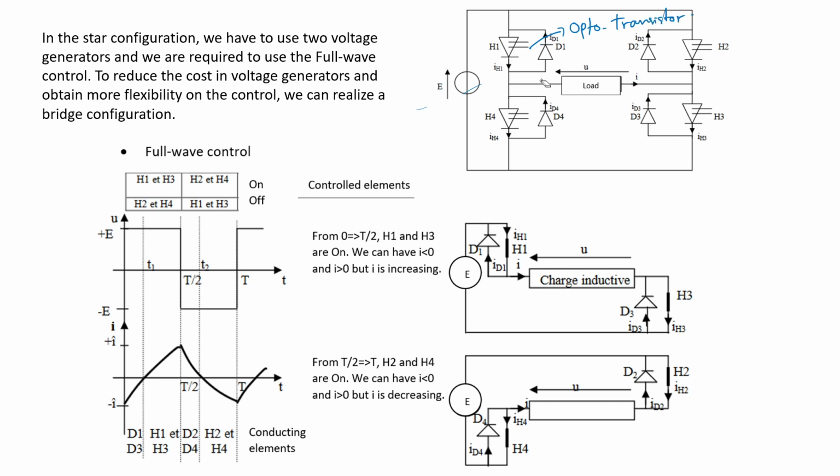Sometimes we need to use opto transistor because we want to separate the high voltage, high current in the circuit from the gate, the signal of the gate that we control. Okay, we want to separate them, no common ground at all. It's completely isolated from each other.